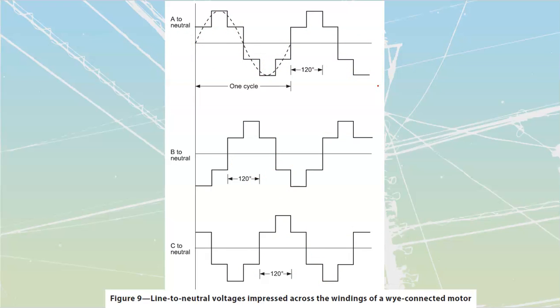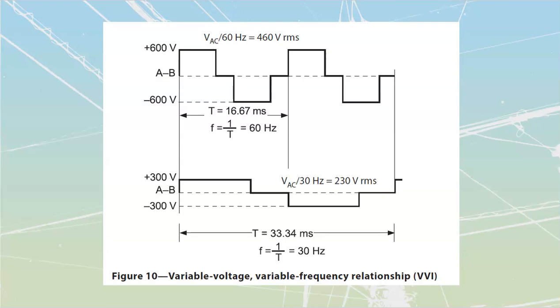As they go out of the drive itself, remember that the motor windings themselves are inductors. They're going to provide some smoothing as well. This one does provide for relatively simple VF, voltage to frequency ratio. Remember, we want to keep that VF the same so that we maintain our amount of torque. T is equal to K phi I cos theta, so we need to maintain those two together.